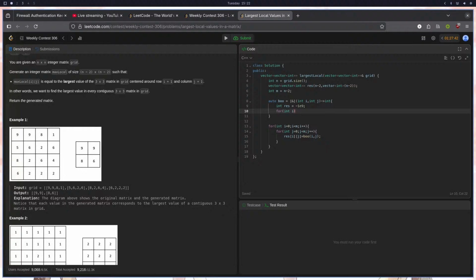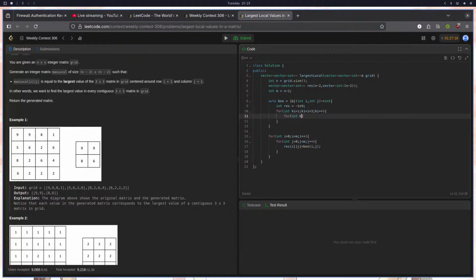For INT ki equal to i. If my index is 0 it should start with, if 1 it should start with ki equal to i, ki is less than i plus 3, ki plus plus.